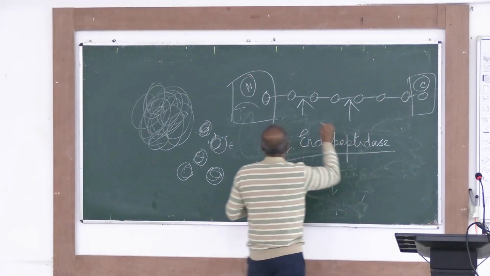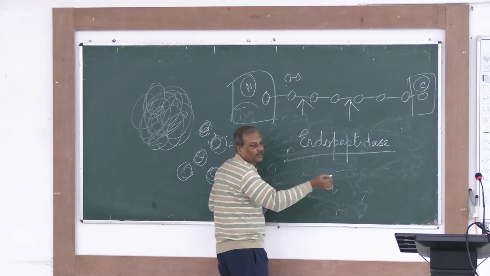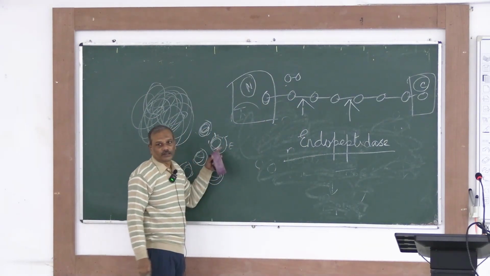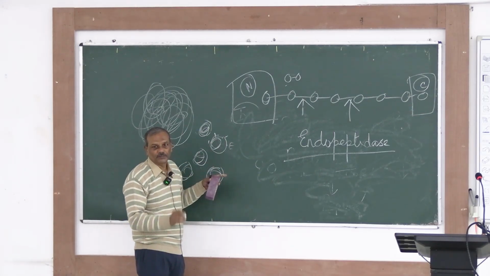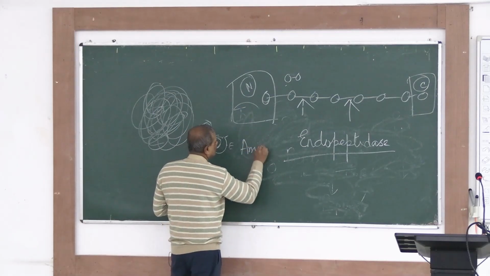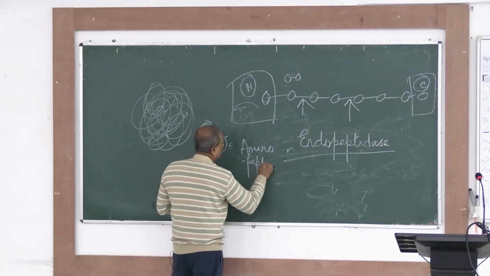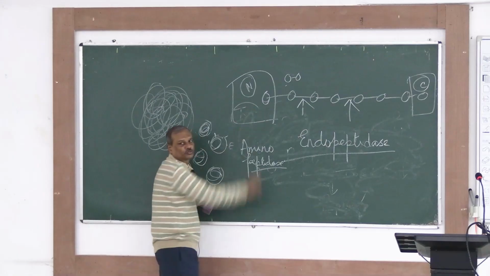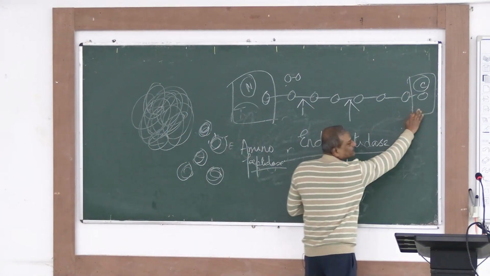As I told you, at the end you will get a dipeptide or a tripeptide. So, this N terminal amino acid is cleaved from a dipeptide by an enzyme specifically named aminopeptidase. Okay. So, this is an exopeptidase. On the extreme other side, this is carboxypeptidase.